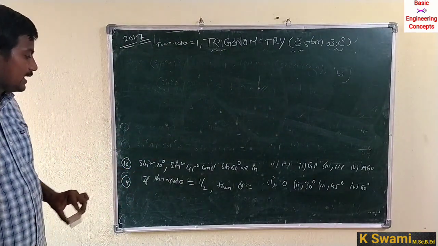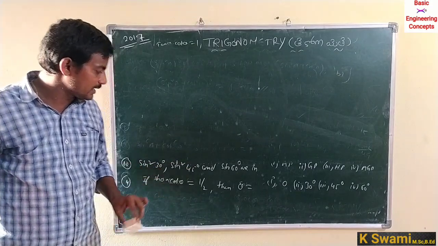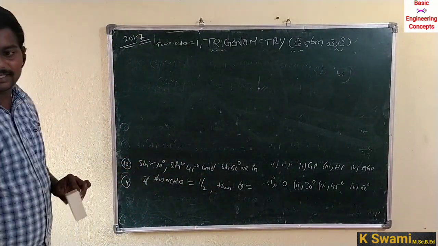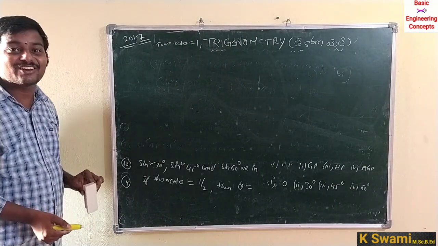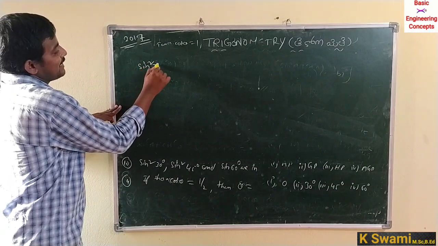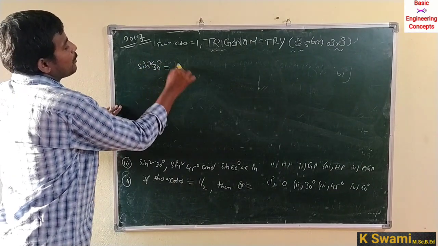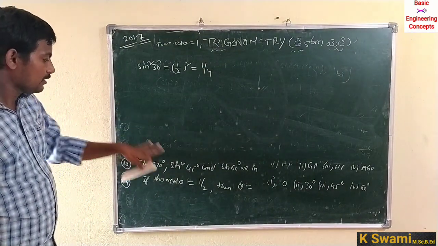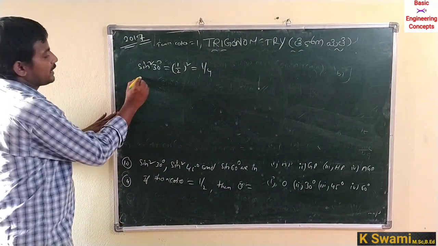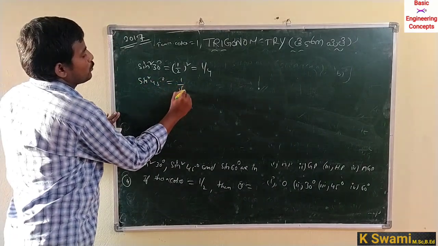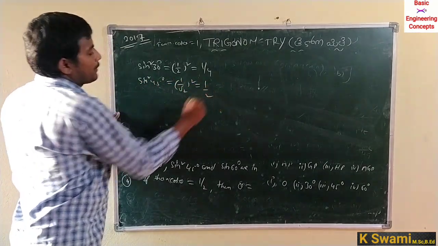Sin square 30 degrees, sin square 45 degrees and sin square 60 degrees are in which progression? Sin 30 degrees is equal to 1 by 2, so sin square 30 degrees is 1 by 2 whole square, which is 1 by 4. Sin square 45 degrees is 1 by root 2 whole square, which means 1 by 2.